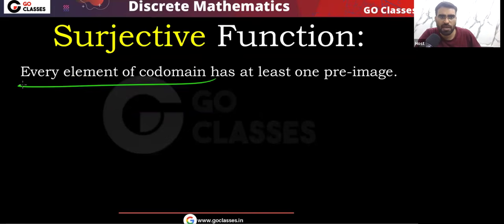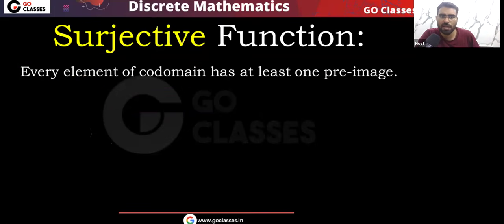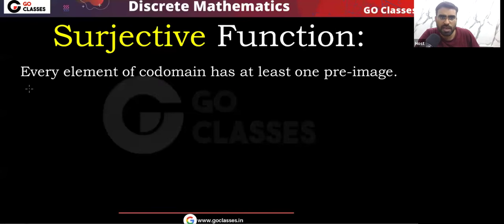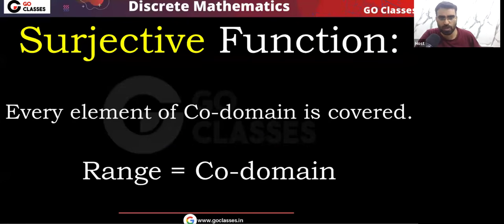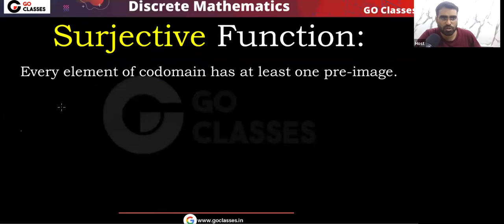Okay, so remember, every element of the codomain has at least one preimage. Is this clear? Every element of the codomain must have at least one preimage because every element of the codomain must be covered. Range must be equal to codomain. So if you have a function from set A to set B, when can I say f is surjective?